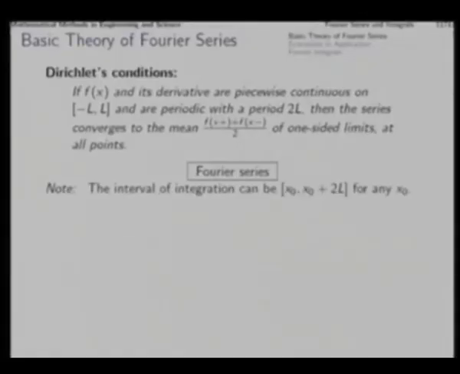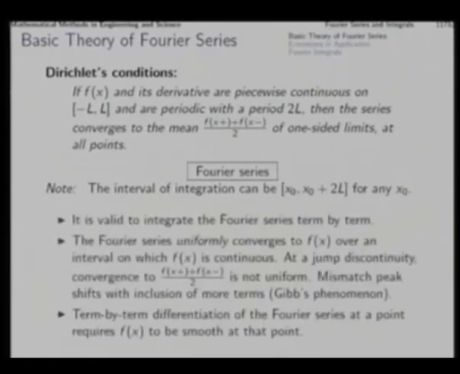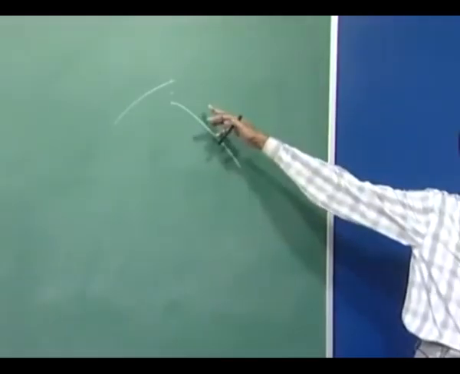Now, rather than minus L to L, the interval could be any x0 to x0 plus 2L. Since L has been taken as a symbolic variable, whatever finite interval you want, you can put in this. Now, a few important properties. It is valid to integrate the Fourier series term by term, even if it has a discontinuity of this kind.